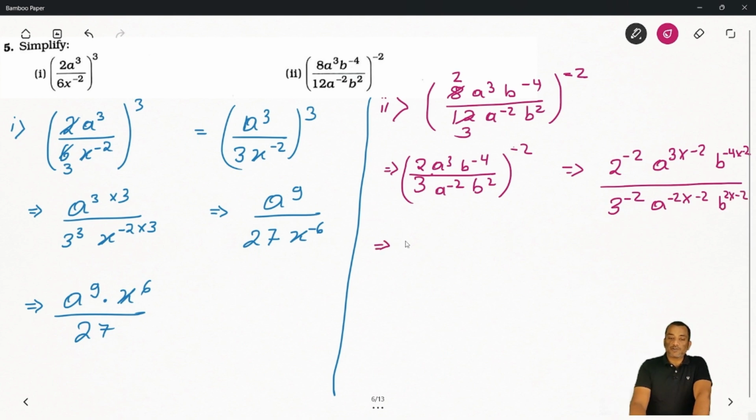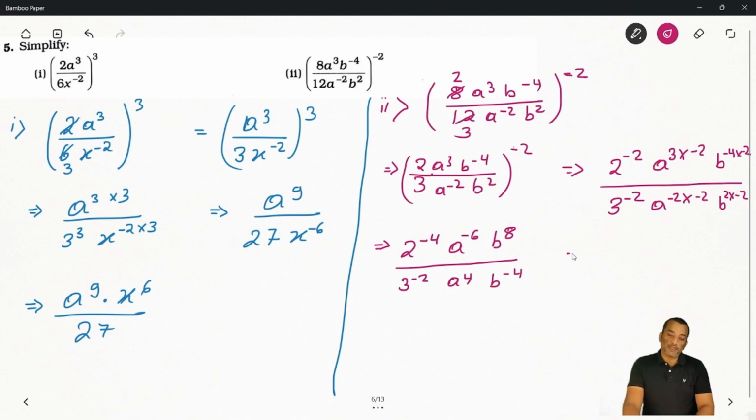You will get 2 to power minus 2 and a to power 3 times minus 2, so this is minus 6. Now b to power minus 4 times minus 2 you will get 8, and here you will get 3 to power minus 2, and a to power 4 by b to power minus 4.